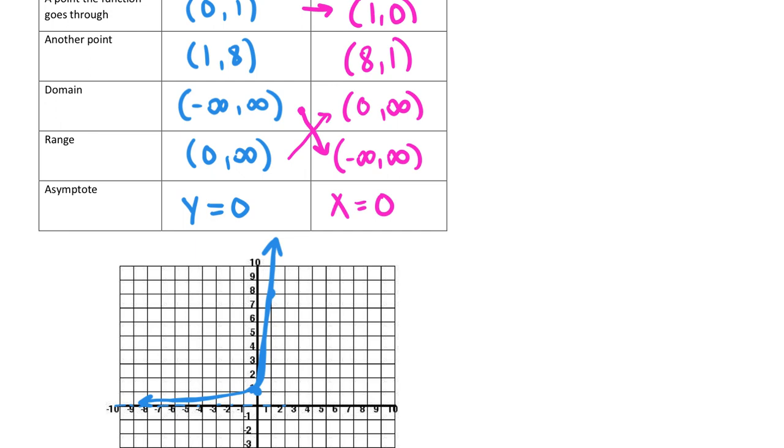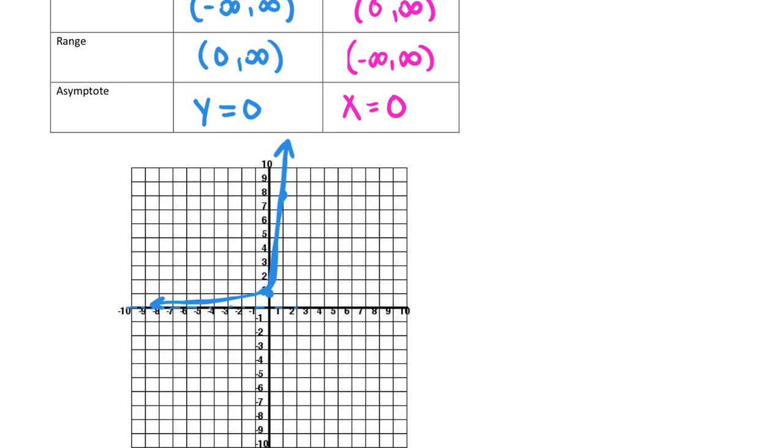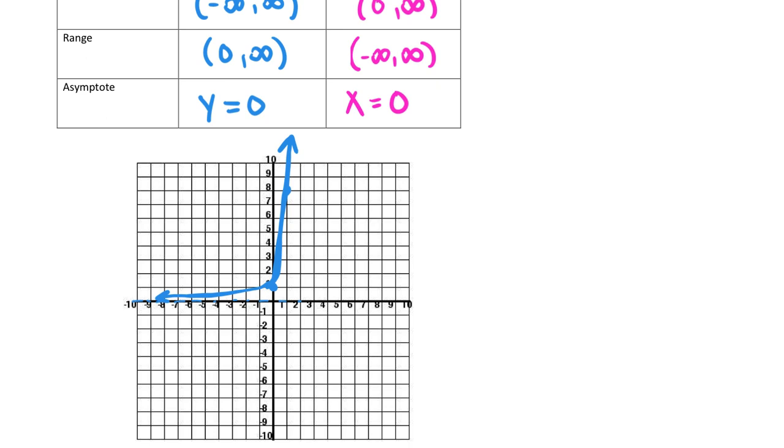Okay, if we go and put that stuff on the graph, we get the points (1, 0) and (8, 1). We have this vertical asymptote, and there we go.